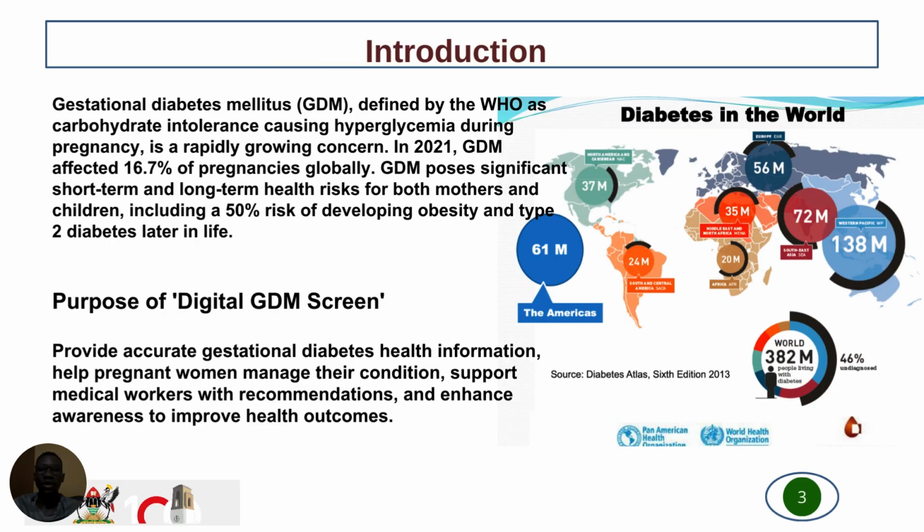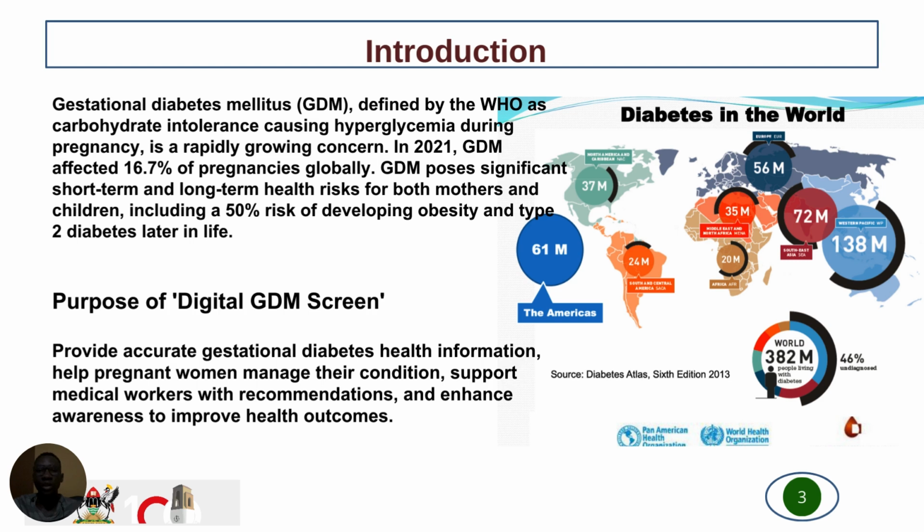The introduction. About 382 million people around the entire world live with gestational diabetes. That's 2023. That is from the Diabetes Atlas from 2013. Gestational diabetes mellitus is defined by the World Health Organization as a carbohydrate intolerance causing hyperglycemia during pregnancy, and it is a rapidly growing concern.